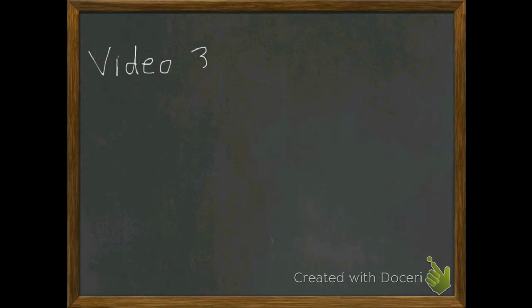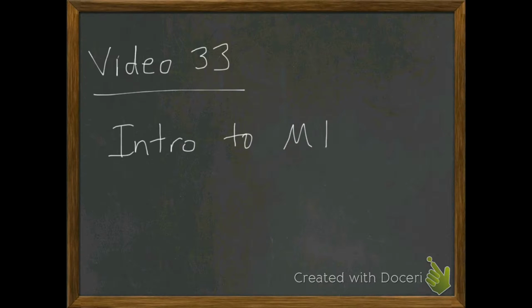What we're going to do now is start video 33, and this is intro to multiple regression. What I want you to think here is we're going to have p minus 1 predictors. So instead of having one predictor, we're going to have multiple predictors, hence multiple regression.